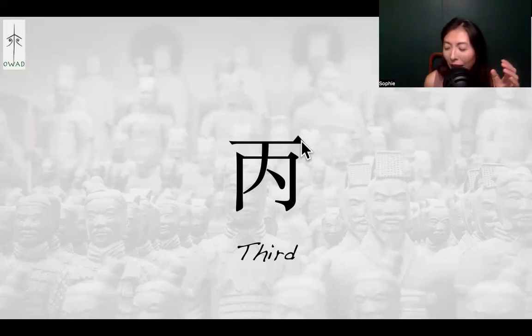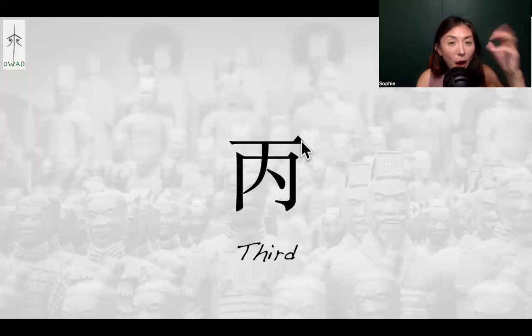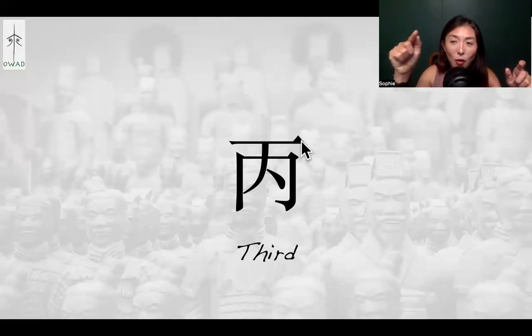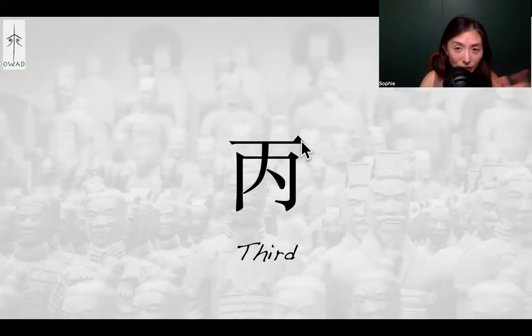Because there's a whole life's journey of the seed that starts from popping from the shell, that's 甲, first stage. Second stage is the seed growing, figuring out, zigzagging through underground. So it's 乙, that's the second stage.